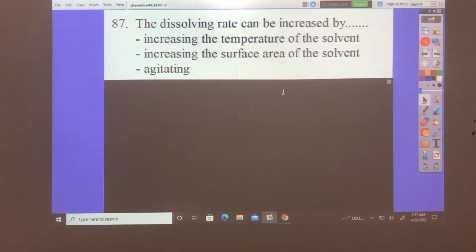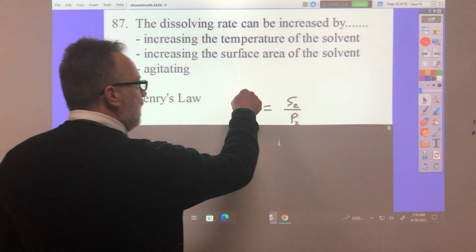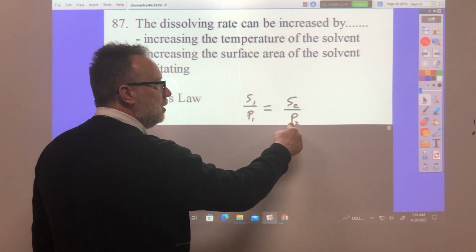Next one. 89. At a pressure of 1 atmosphere, the solubility of a gas is 0.54 grams per liter. Calculate the solubility when the pressure is doubled. This is Henry's law. Solubility is proportional to pressure.